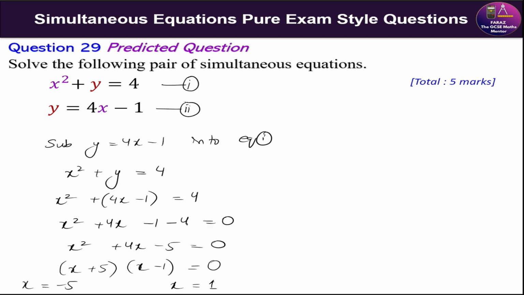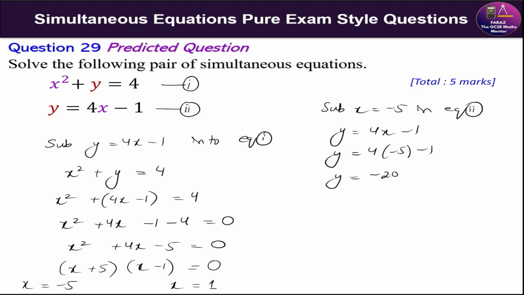Now step 3 is to find the corresponding y values. Substitute x equals negative 5 in equation number 2. So y equals 4x minus 1, which means y equals 4 times negative 5, minus 1. Y equals negative 20 minus 1, that would give you negative 21. So x is negative 5 and y is negative 21.